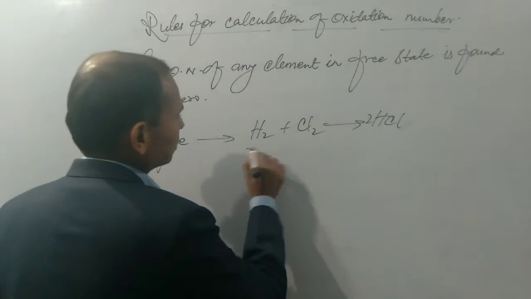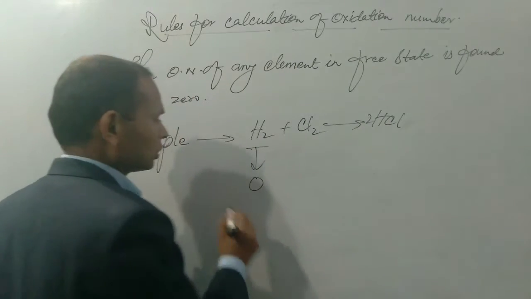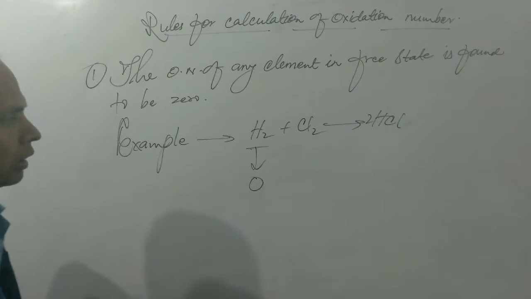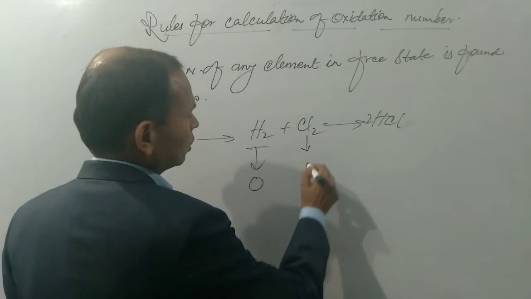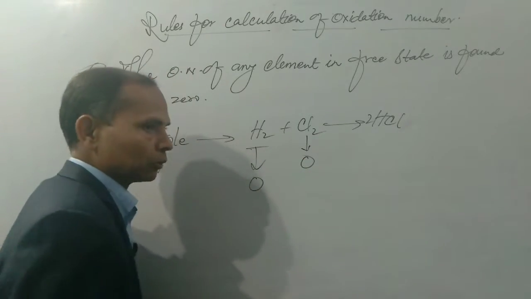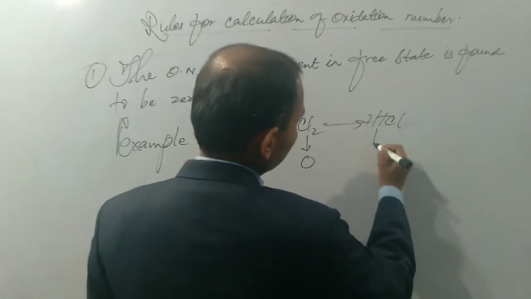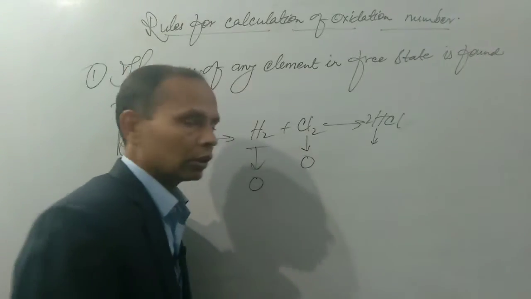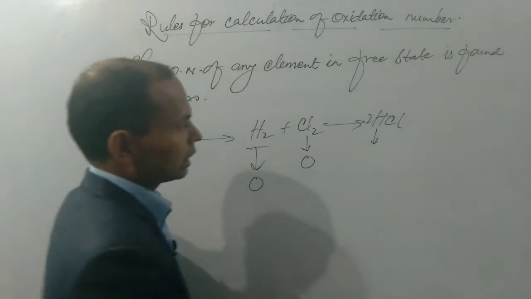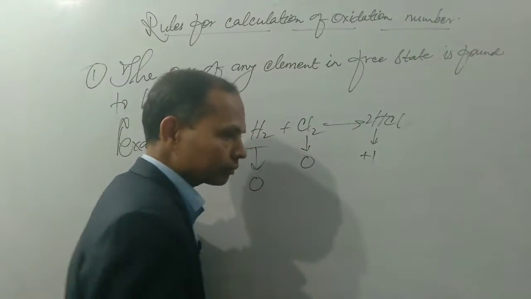Hydrogen and chlorine are in the form of free state. So, the oxidation state of hydrogen is 0. In this case, the oxidation state of chlorine is also found to be 0. In the compound, the second rule tells us the oxidation state of hydrogen in combined state is generally +1.